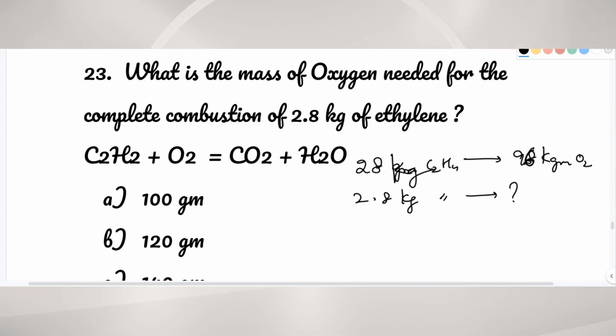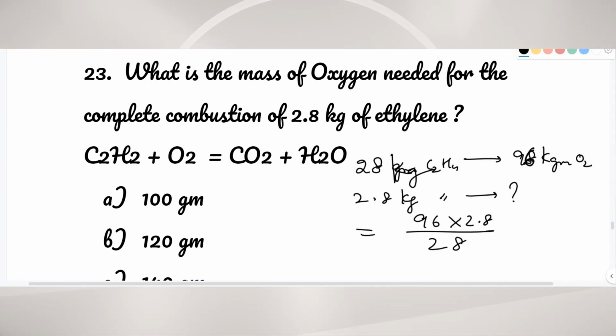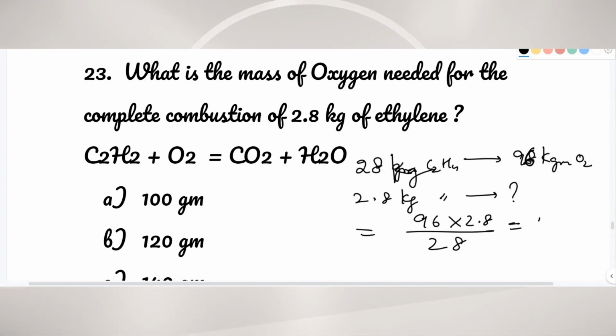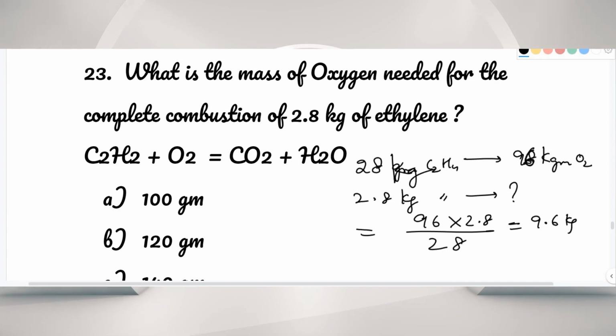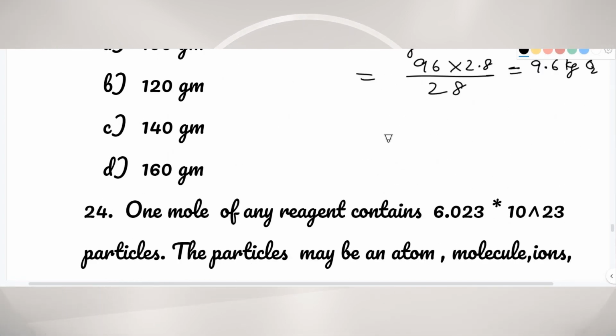Very simple, do a simple cross multiplication. It needs 96 times 2.8 over 28. On solving, you get 96 by 10, that is 9.6 kilograms of oxygen. I don't see the option, but that should be the answer.